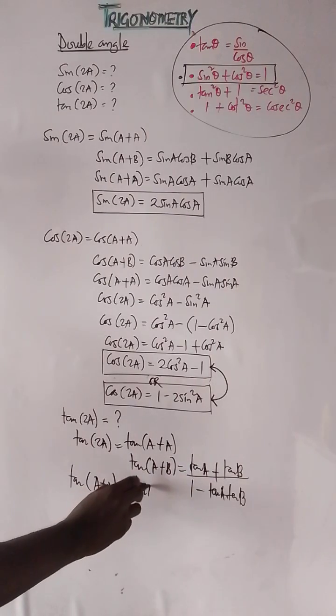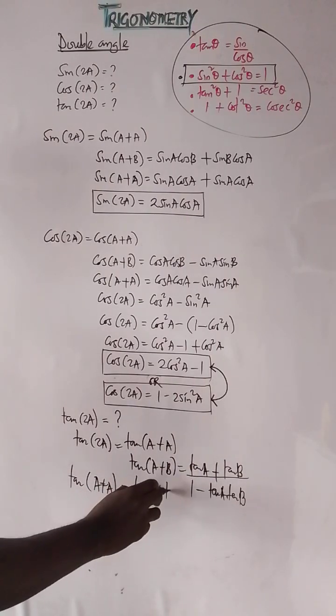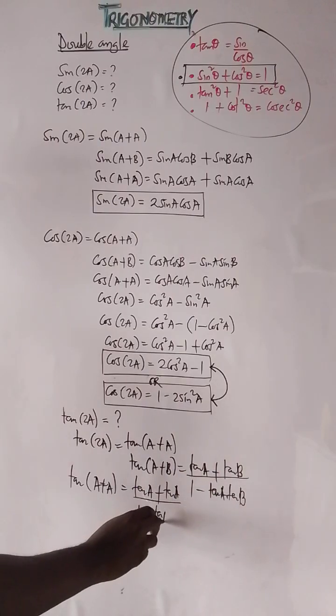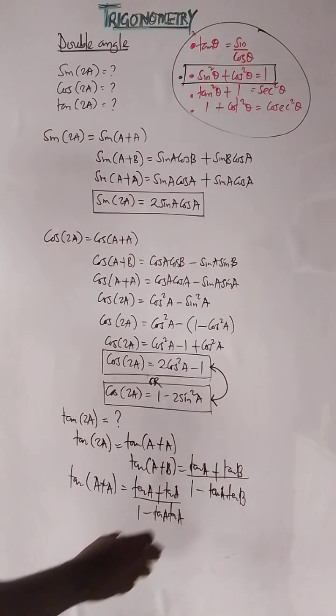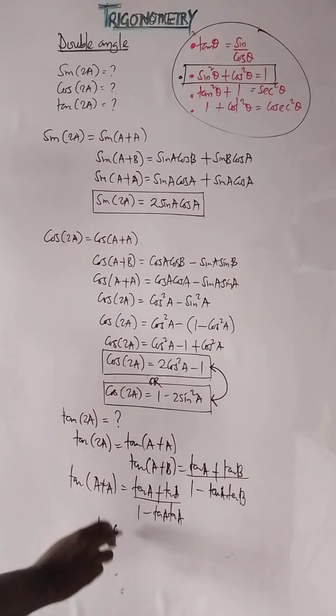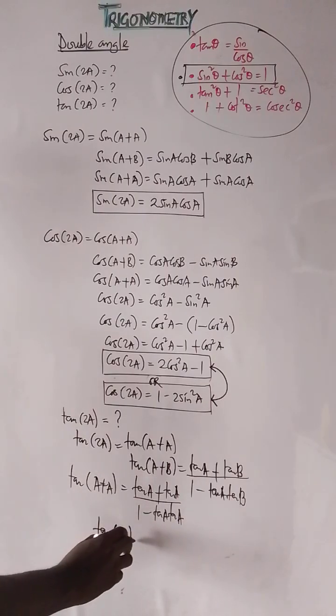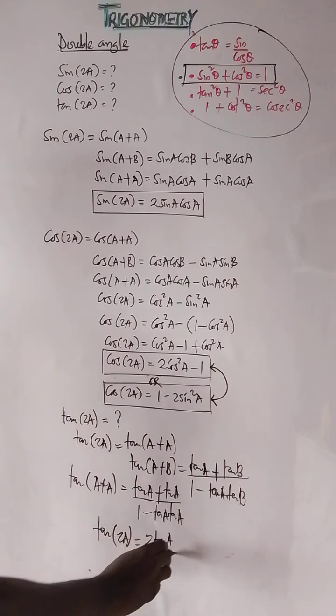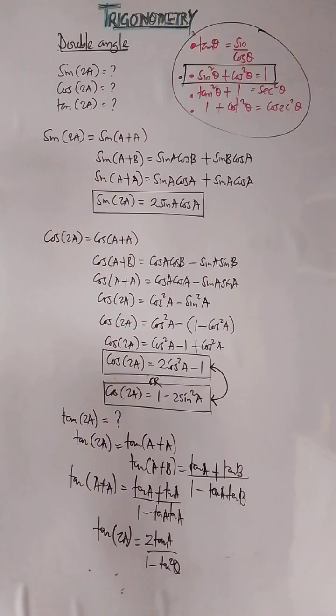So that will be tan A plus tan A, 1 minus tan A tan A. So from here we can say tan A plus A is 2A, equals tan A plus tan A is 2 tan A divided by 1 minus tan square A.